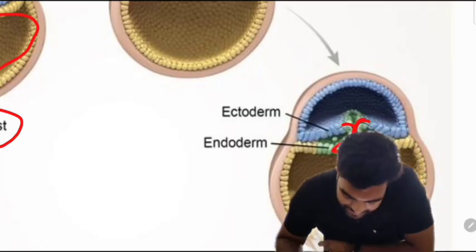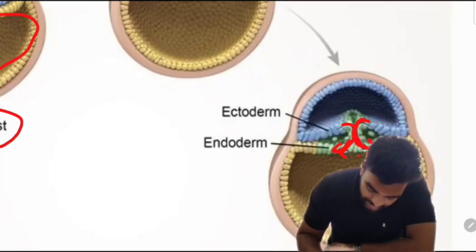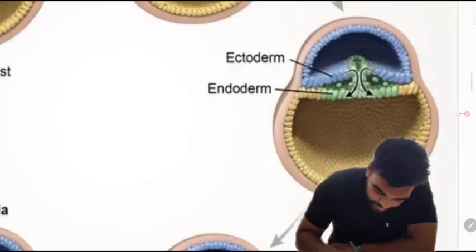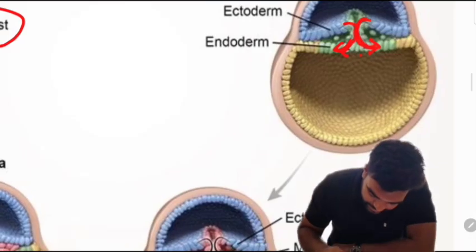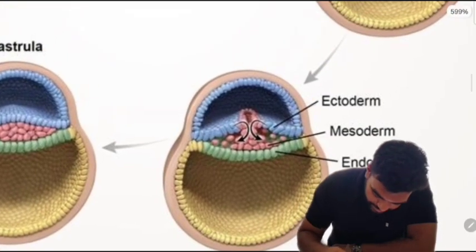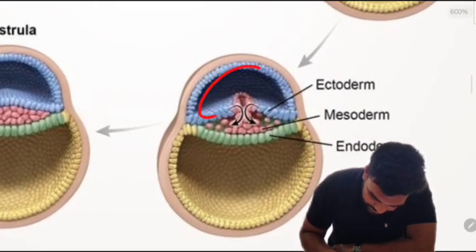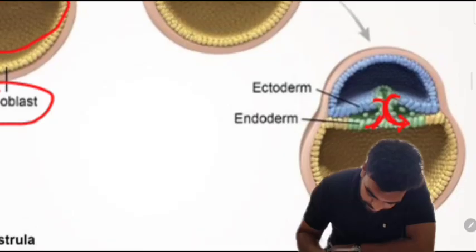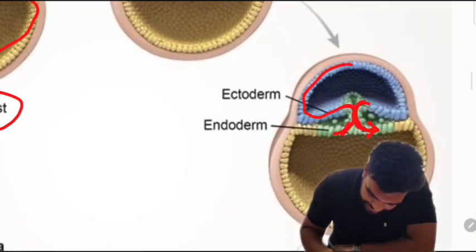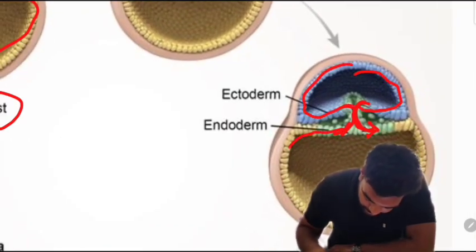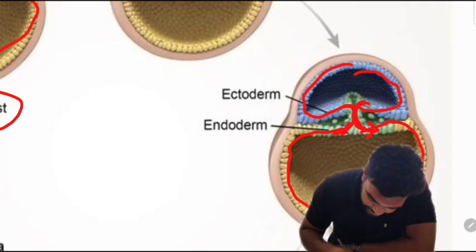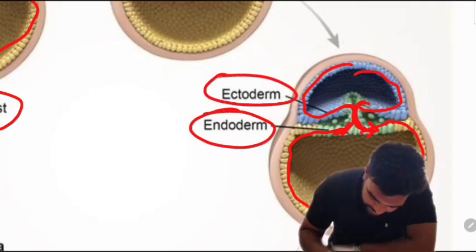When this migration starts happening, the above remained epiblast and started forming the ectoderm. The cells that migrated towards the yolk sac started forming the endoderm. Ectoderm is what remained there itself.